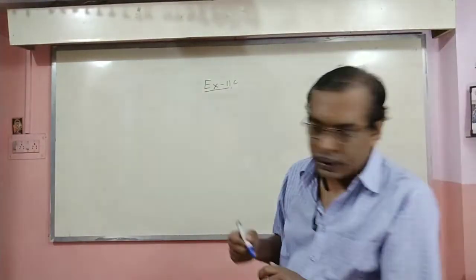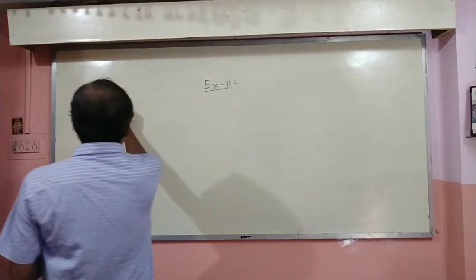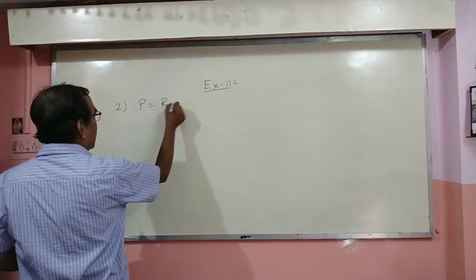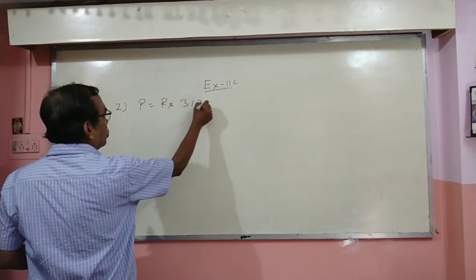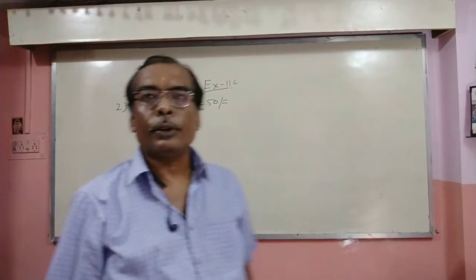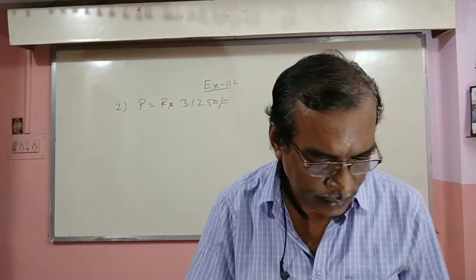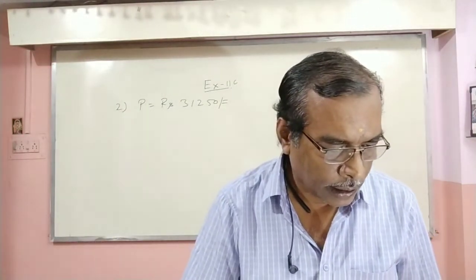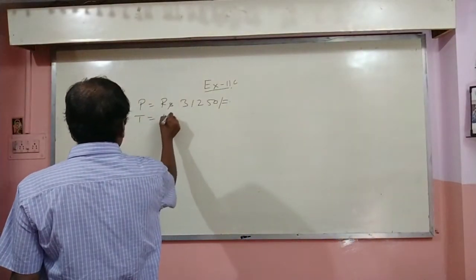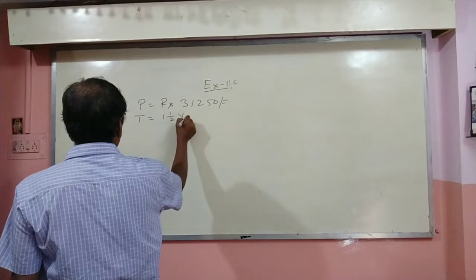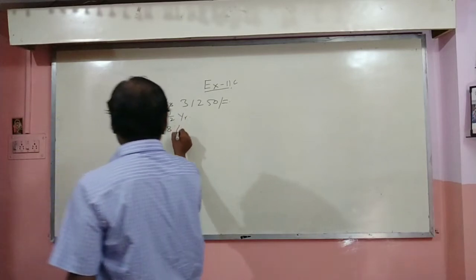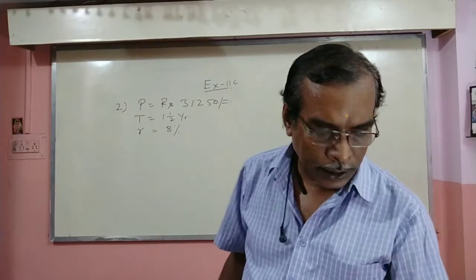So here in question number 2, it is given that the principal is equal to rupees 31250. Then afterward, time is given as 1.5 years, and rate is given as 8%. Am I right? 8%.